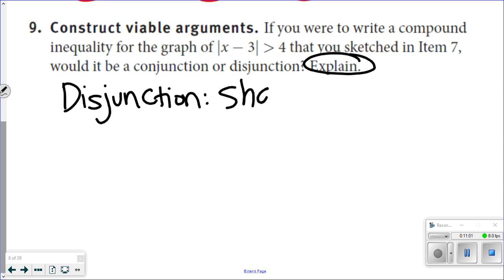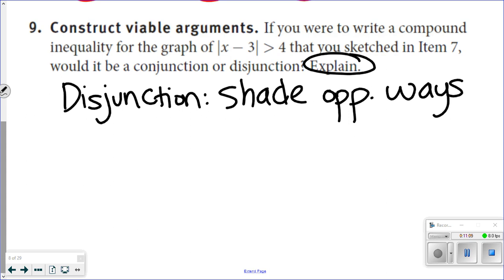Because of where we shaded. We shaded opposite directions or opposite ways. We shaded outwards. We shaded apart. They're disconnected. And because it said more than 4.